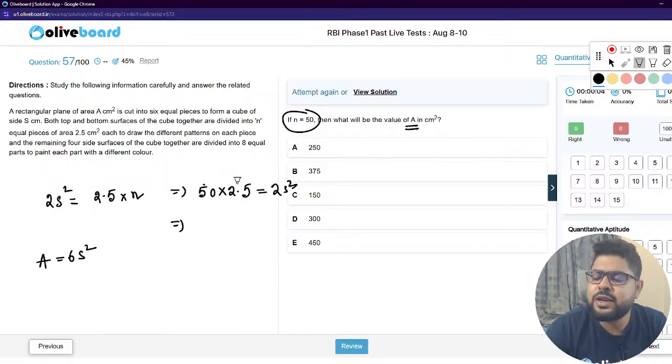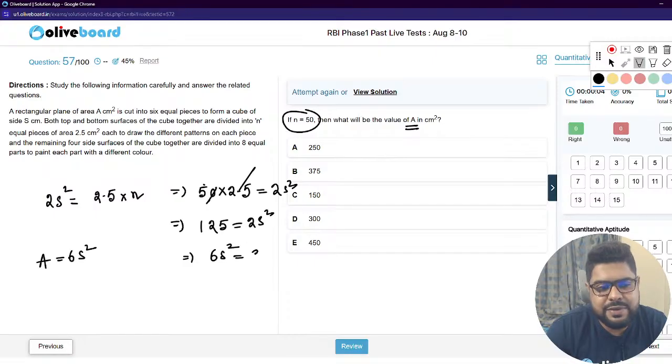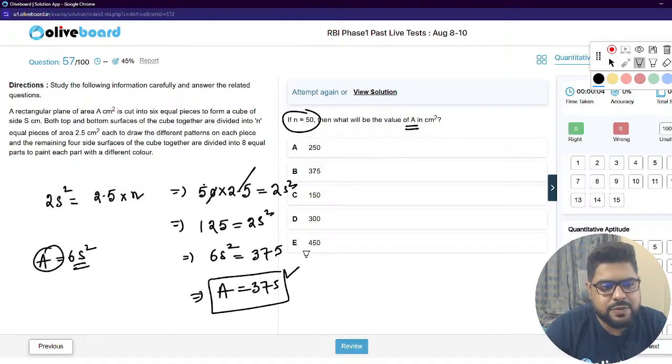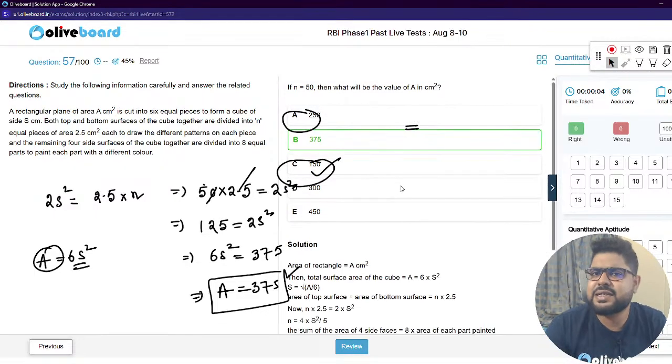To get to 6s square, multiply by 3, that is 375. 6s square is A, so A is 375. That is what they are asking. So option B, 375, is the answer. It's a 10-seconder.